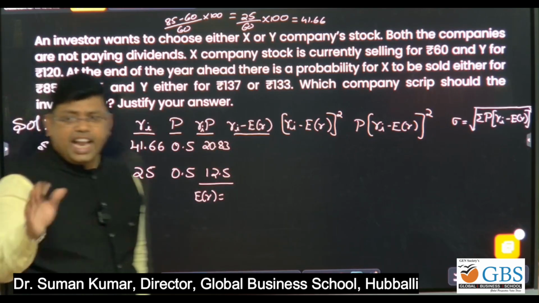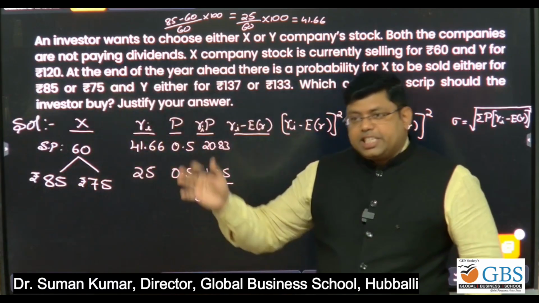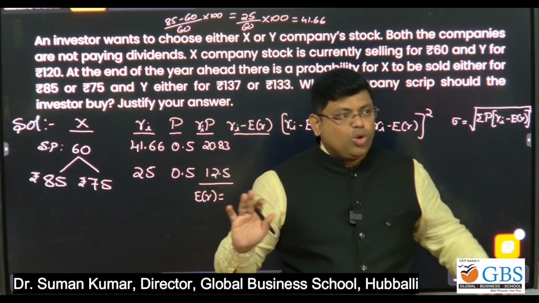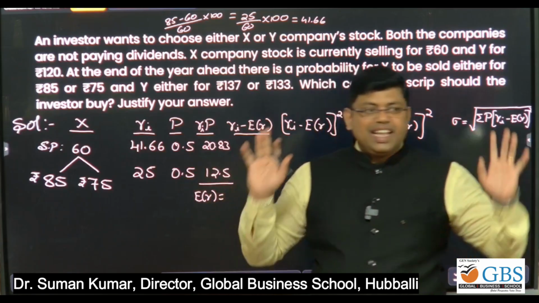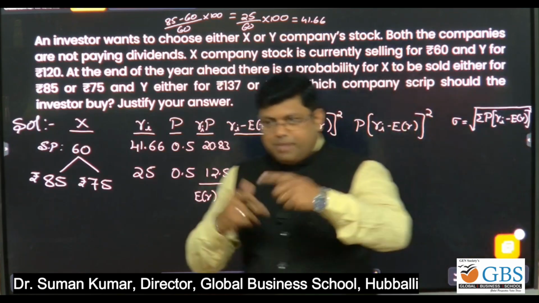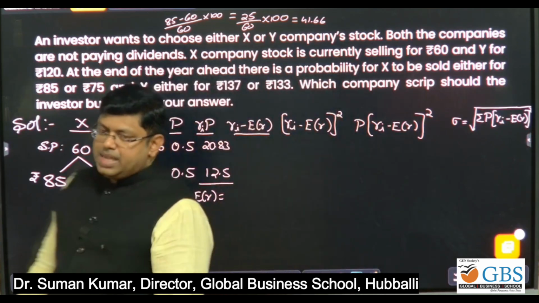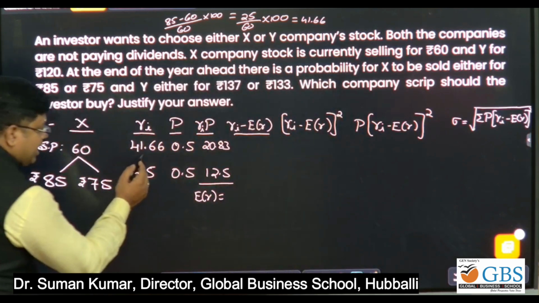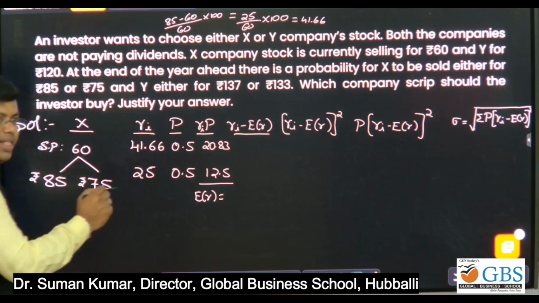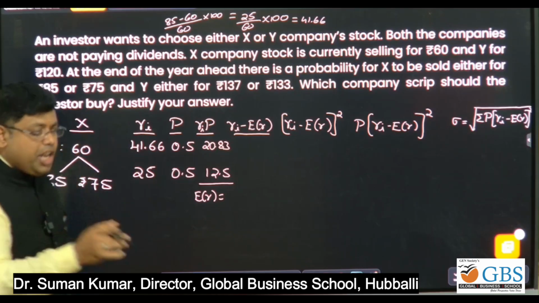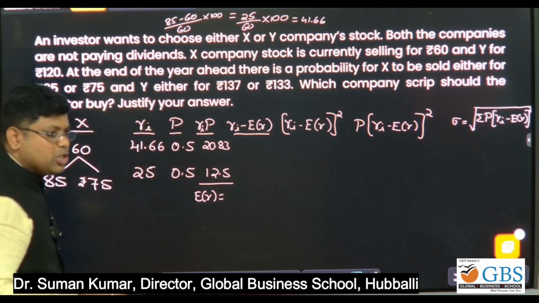Next, first we have to find E of R. Okay, we can do that. You can keep it as a decimal or multiply into 100, either is fine. No, there will be no change. Clear? As in the previous problem, whether you did it as a decimal point or not, no problem. You can do it both ways. See, I think you are writing this one as 0.41. No problem if you write 0.41, or you can express it in percentage also.